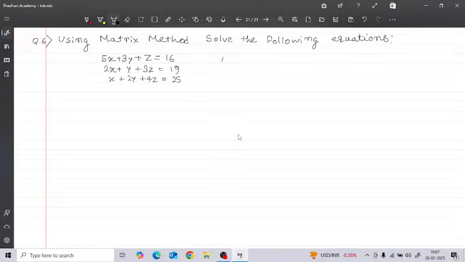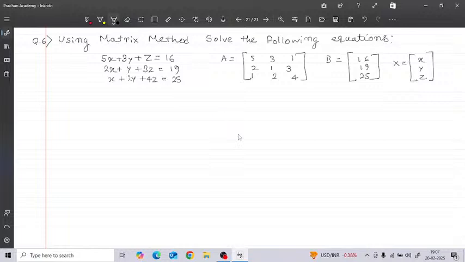Now write it in a matrix form. My A matrix is 5, 3, 1, 2, 1, 3, 1, 2, 4. What is my B? 16, 19, 25. What is my X? X is X, Y and Z. Okay, now calculate the determinant of the matrix.